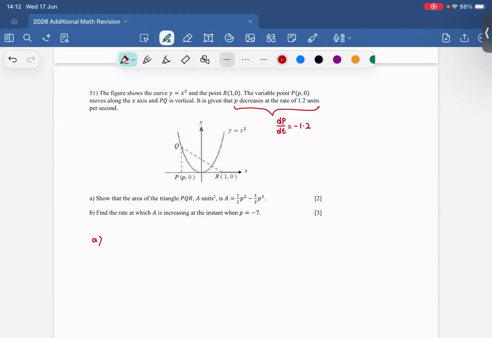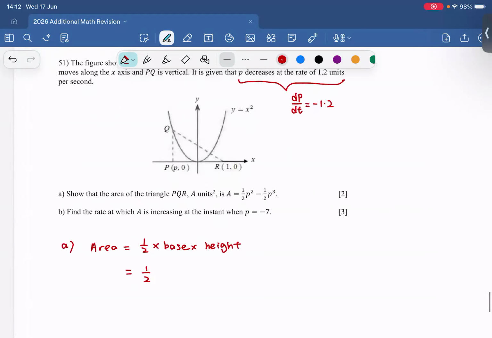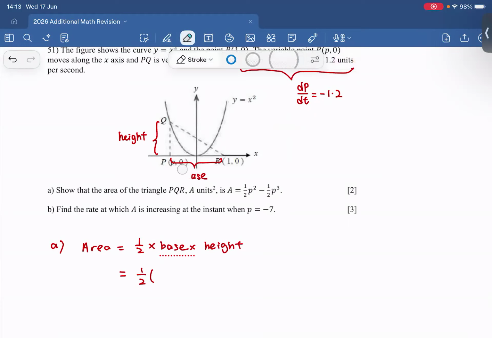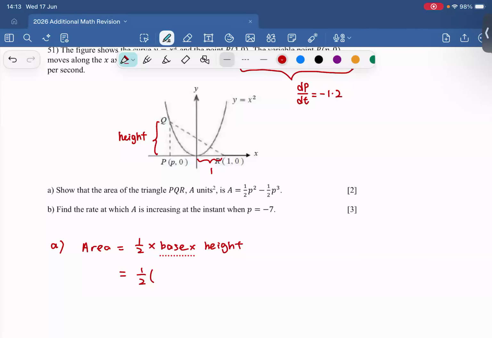So it may seem scary, but you have to go back and remember the area of a triangle is simply half times base times height. Okay, what's the base? What's the height? In this case, the base is this, and the height is just this. Okay, so what is the base? This length is 1. What did they say about P?